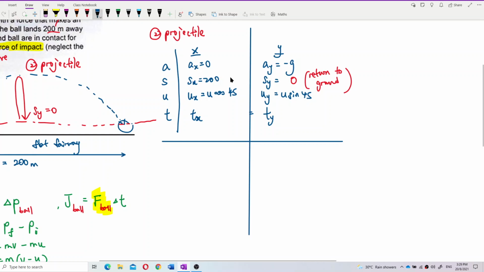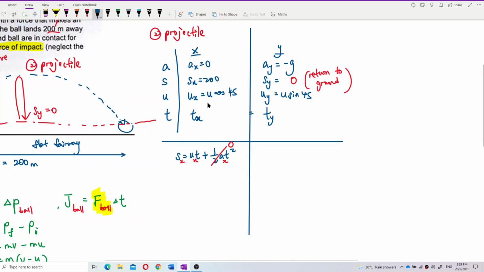So for the x component, s equals ut plus half at square. All of these we put as x component, but we know that ax is 0, so this one is gone. Only left with s equals ut, so Sx equals Uxt.